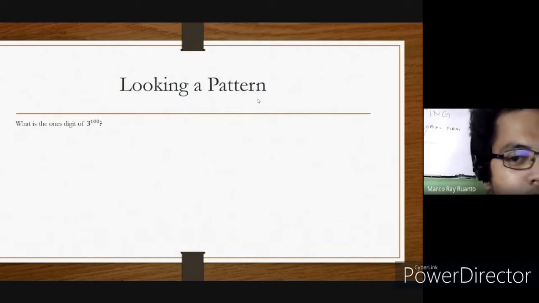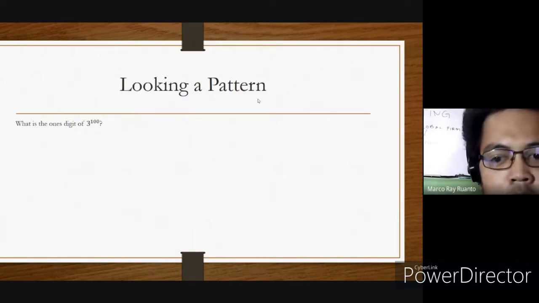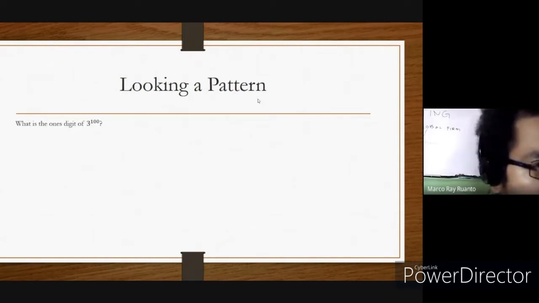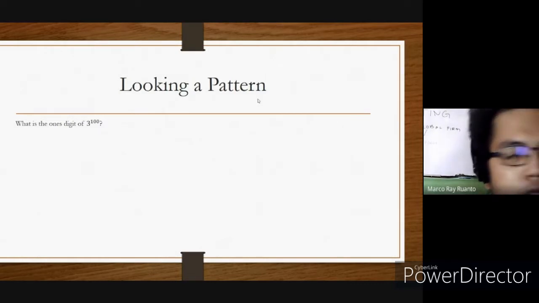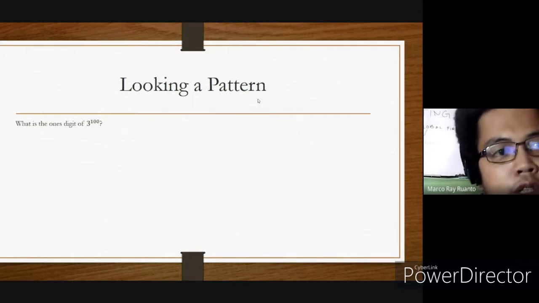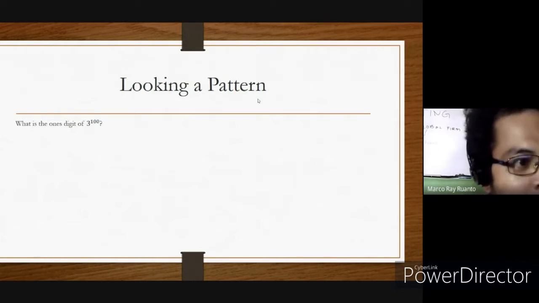So you add a particular number, or you multiply with a particular number, and so on. There are many possible ways that a pattern would occur. It could be a sequence, or a series, or it could just be a recurring observation.